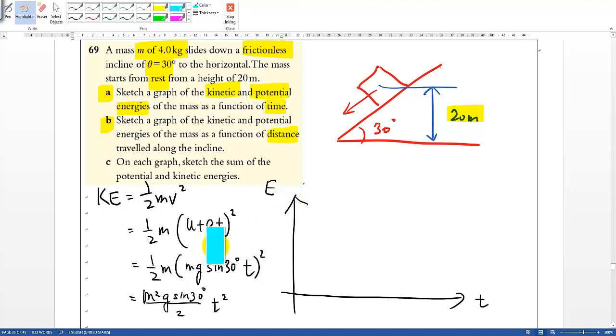So the first thing you want to recall is the KE equation, half mv squared, and whenever they ask you to do this, your task is to relate the KE, the whole thing, with respect to time.